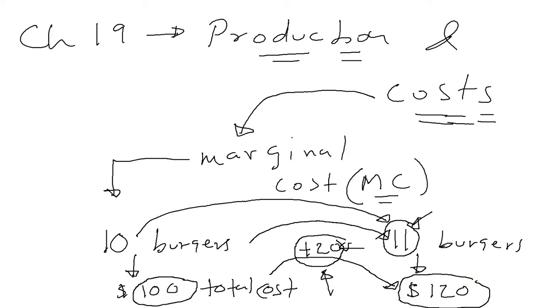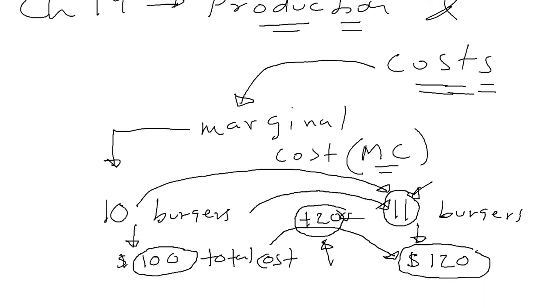Please try to relate this to reality. If you try, you will be able to. For example, when you want to increase the production of burger from 10 to 11 units, you need more cheese, more meat, more bread. So this $20 most likely represents the cost of those extra inputs or raw materials.